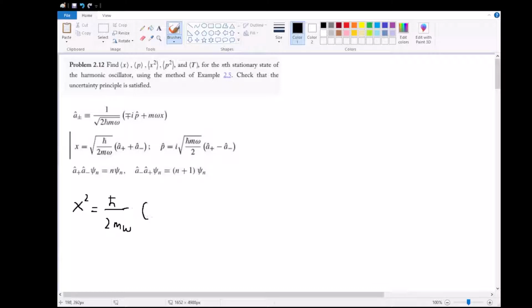And then we have a hat plus plus a hat minus squared, which becomes a hat plus squared plus a hat plus a hat minus plus a hat minus a hat plus plus a hat minus squared.